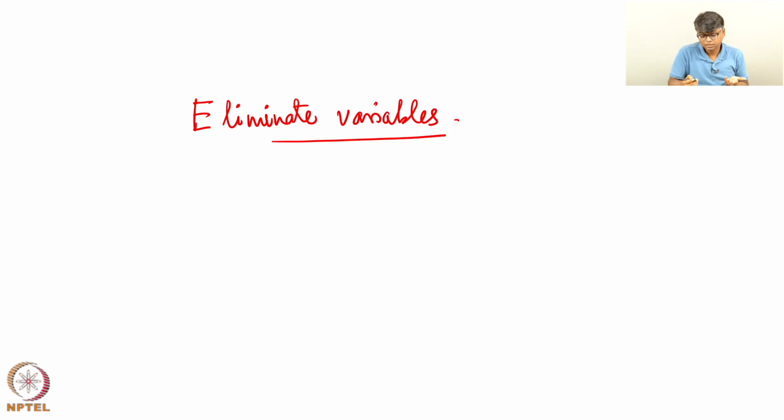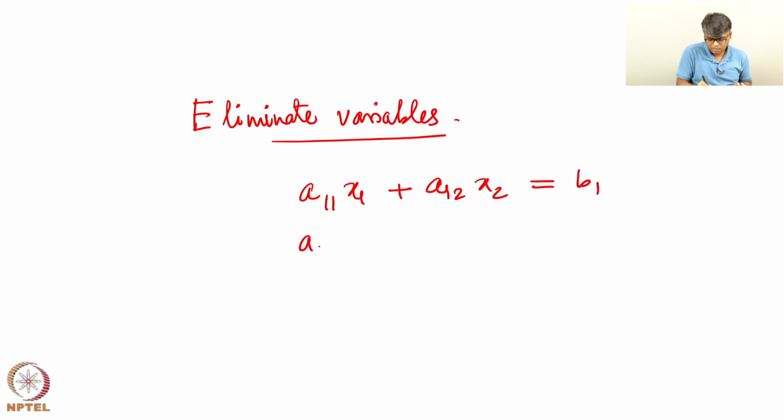Remember, if you have simultaneous equations, a11x1 + a12x2 = b1 and a21x1 + a22x2 = b2. How did you eliminate? I hope you remember that you did eliminate variables.